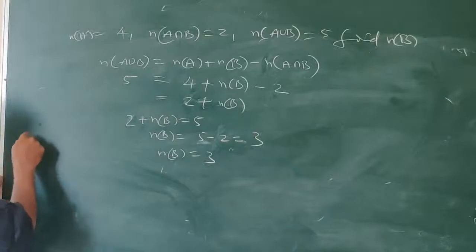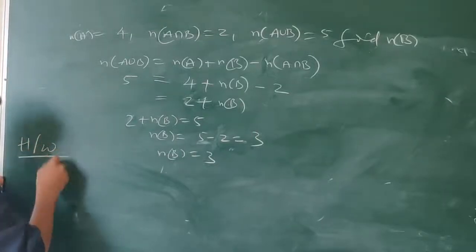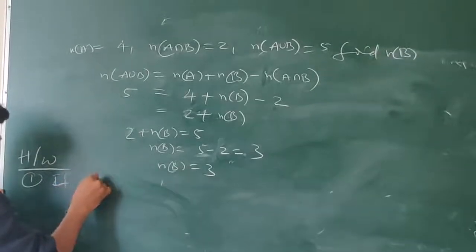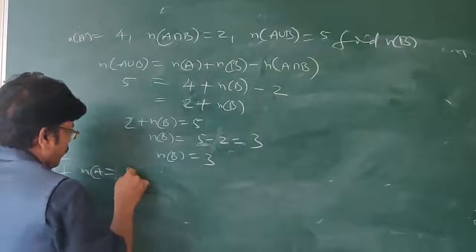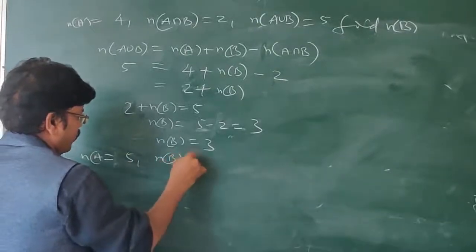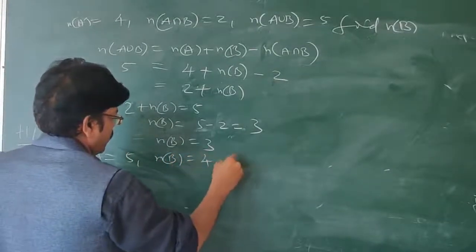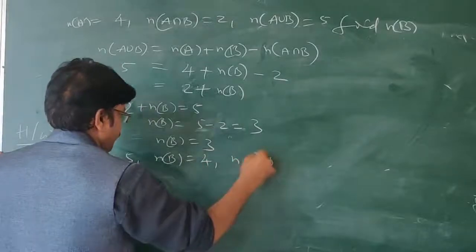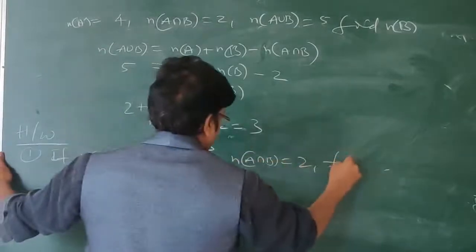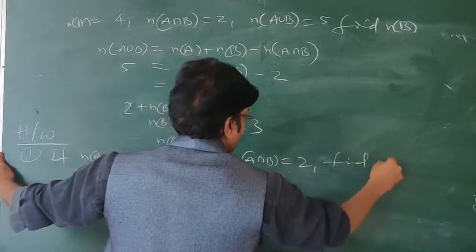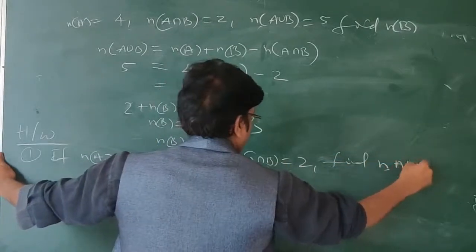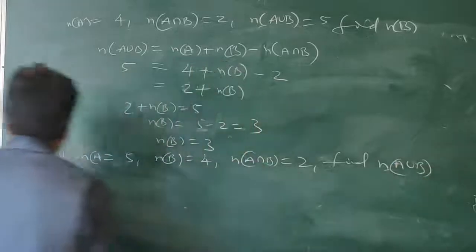Now, for homework. One, if n of A equals 5, n of B equals 4, and n of A intersection B equals 2, find n of A union B. Okay, that's one.